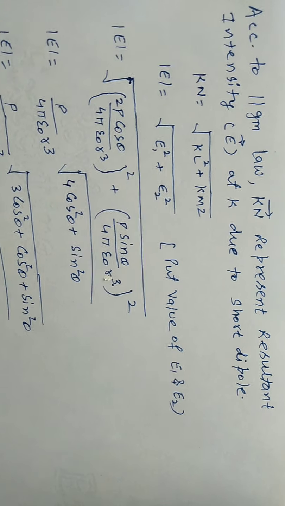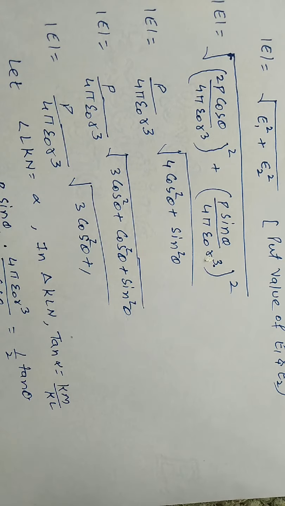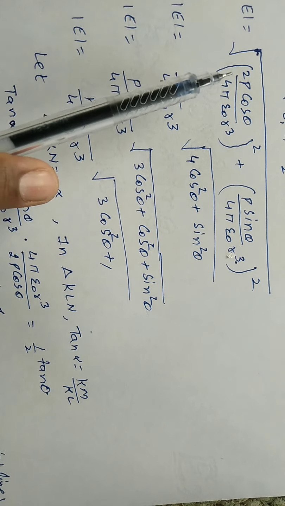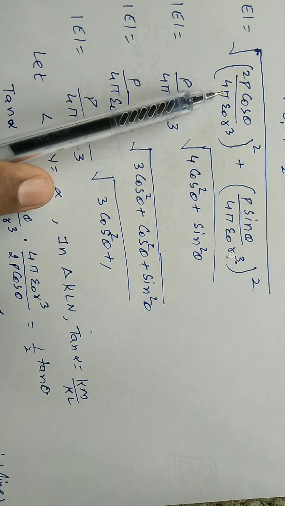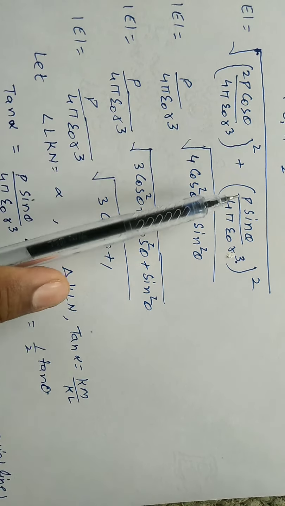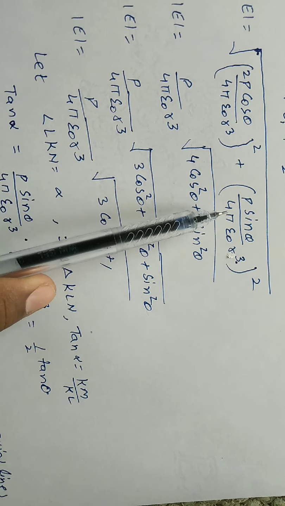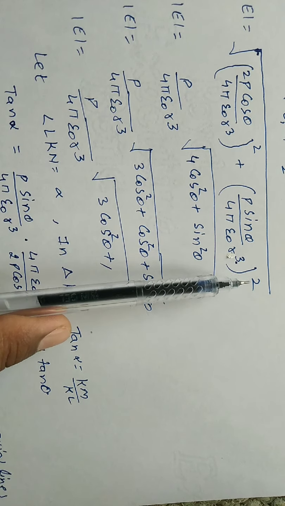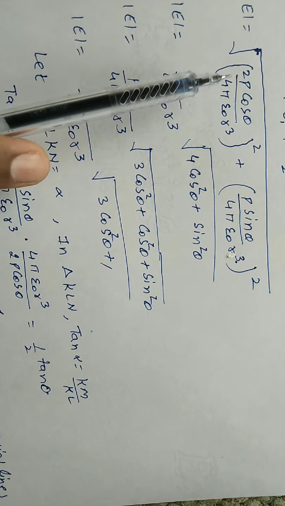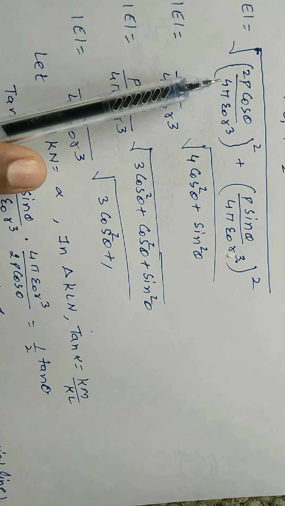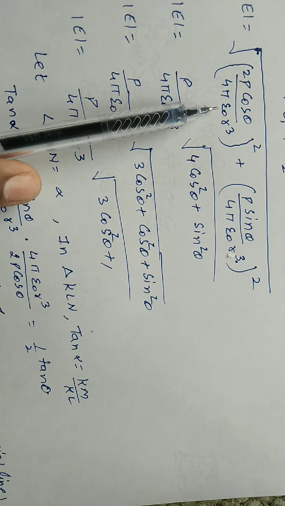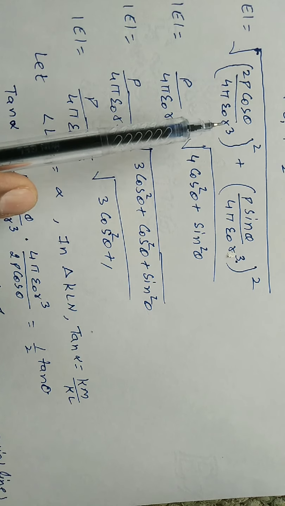Now we can put the value of E1 and E2. Therefore, E1 is 2p cos theta upon 4 pi epsilon 0 r cube, squared, plus E2 is p sin theta upon 4 pi epsilon 0 r cube, squared. Now we can take out p common, 4 common, pi common, epsilon 0 common, r cube common.